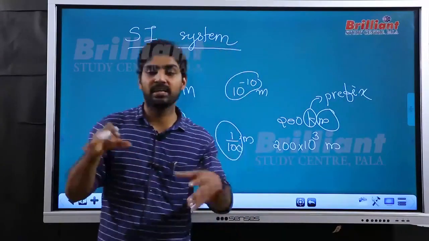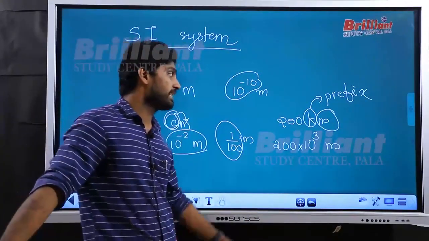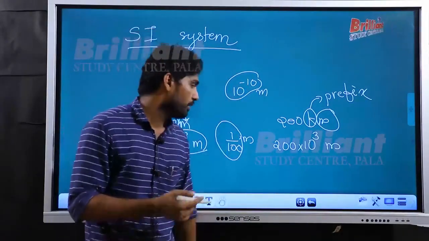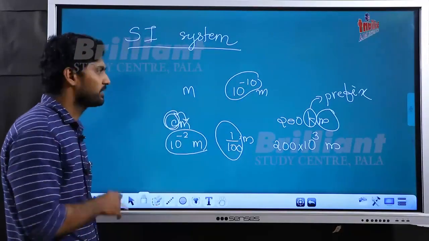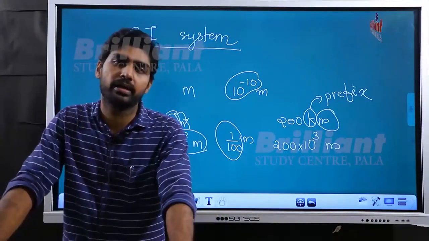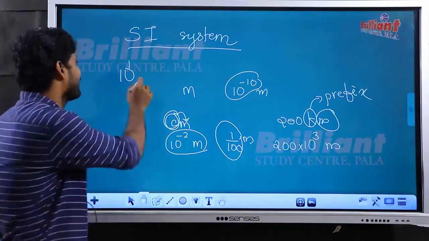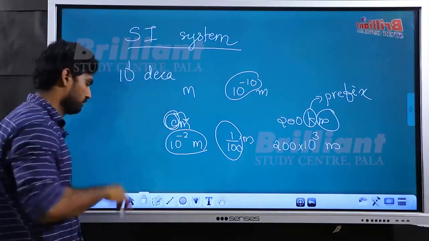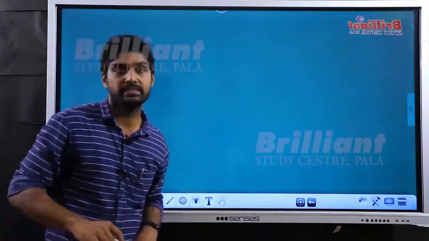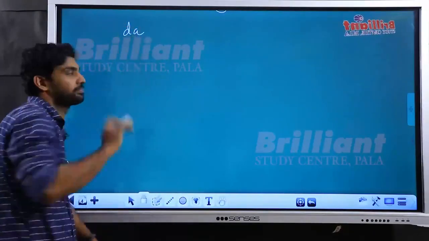So we use a large number of prefixes to represent physical quantities in terms of the fundamental unit. For example, we have 10 to the power 1, that is what we call deca. Decameter, and we use the symbol da over here.